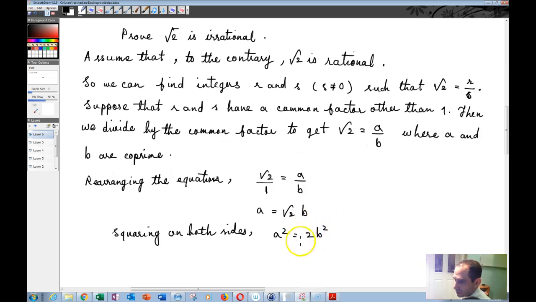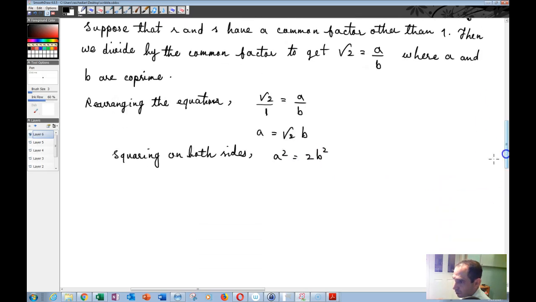So the meaning of what we have written here is that a squared is actually divisible by 2, because a squared has been written as a product of 2 and some other number. So that means a squared is divisible by 2.